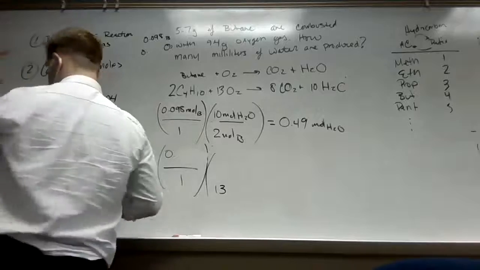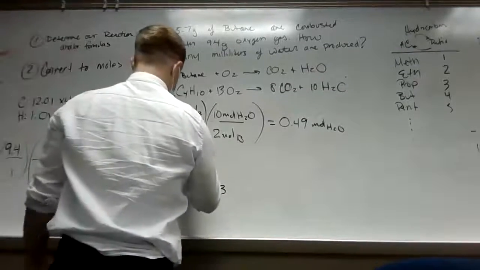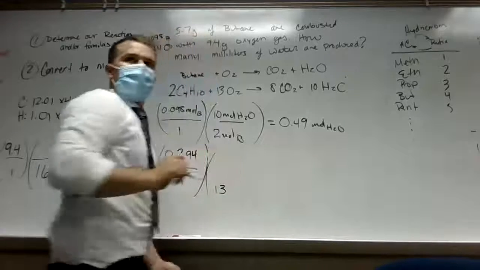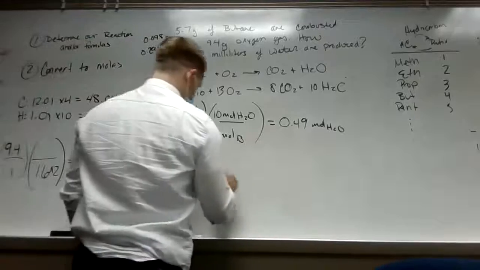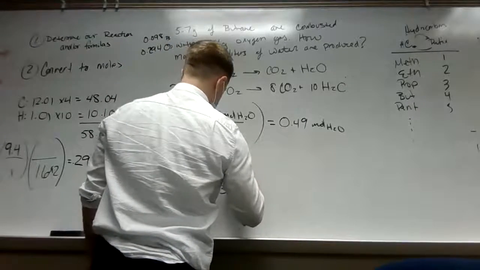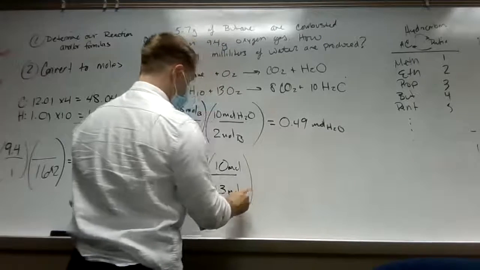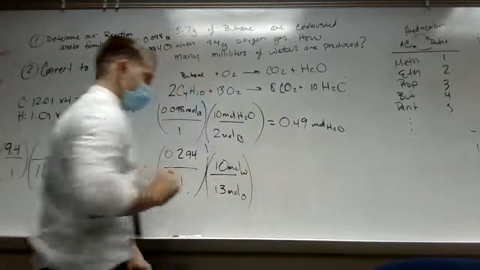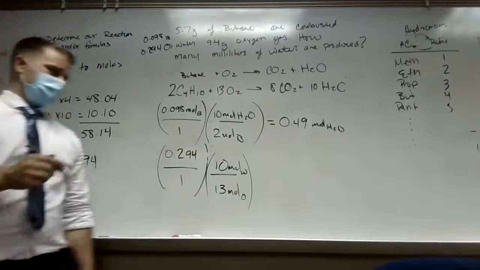So that's how many moles of oxygen we have, 0.294. We know that every 10 moles of water that are produced, we consume 13 moles of oxygen. So I'll multiply this times 10 over 13.